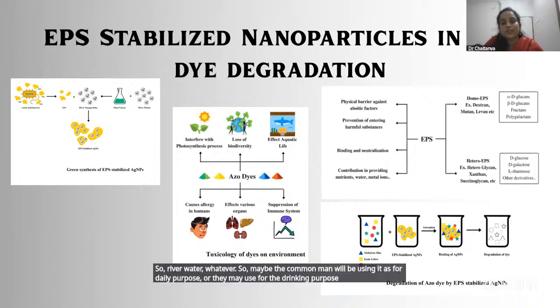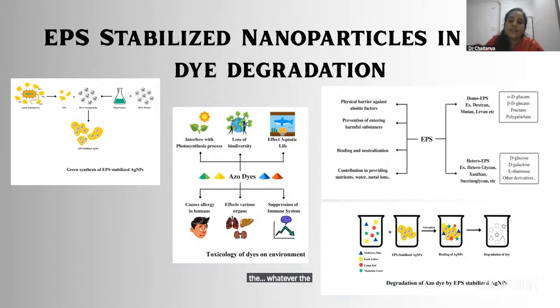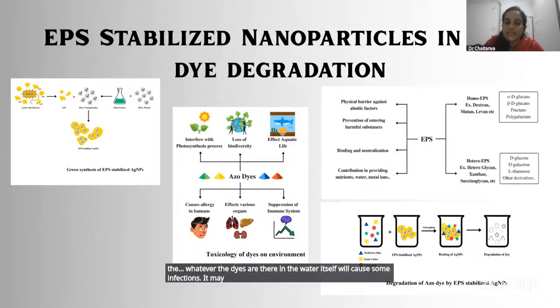So if they use it for drinking, what will happen? As it has pathogens, or whatever dyes are there in the water itself, it will cause some infections. It may lead to kidney damage, liver damage. It also damages the plants and so on.